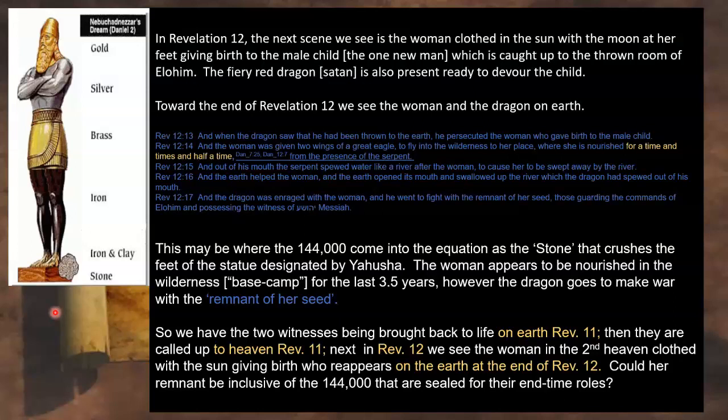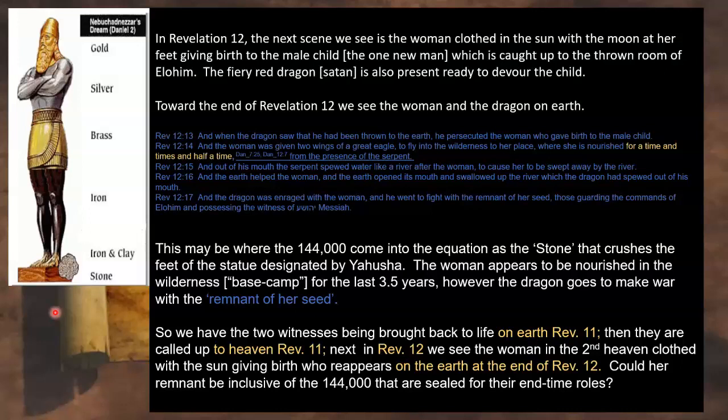The woman appears to be nourished in the wilderness, or the base camp, if you will, for the last 3.5 years. However, the dragon goes to make war with the remnant of her seed, because we just read that the woman is given 2 wings like an eagle, and though the dragon spews out water after her like a river, the earth opens and protects her, and she is flown into the wilderness where she is taken care of by Elohim.